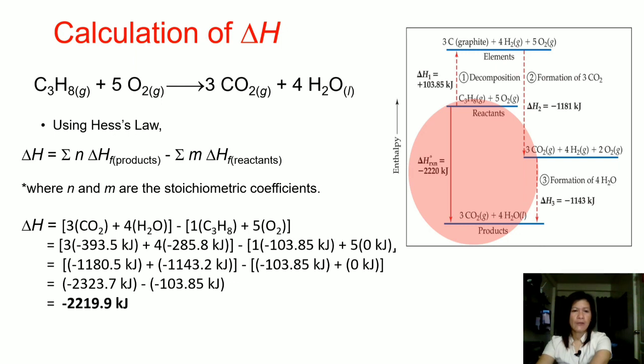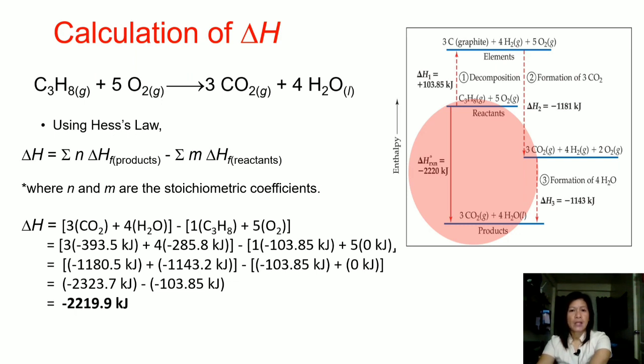So substituting the quantities, first we substitute the energies of the products, because the equation gives us the difference between the enthalpy of the products minus the enthalpy of the reactants. So in our equation, we write first the amounts of the products before the reactants.